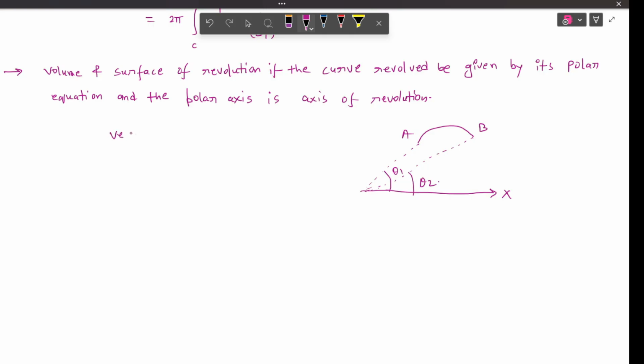So let us say vectorial angles of A and B are theta 1 and theta 2.